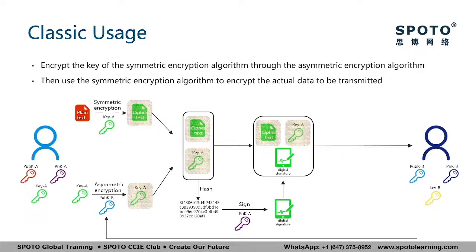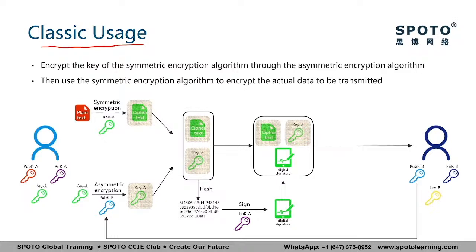So as we know, the symmetric and asymmetric algorithms both have advantages and disadvantages. In the real scenario, as the classic usage, we usually combine the advantages from these two algorithms. How do we do that?